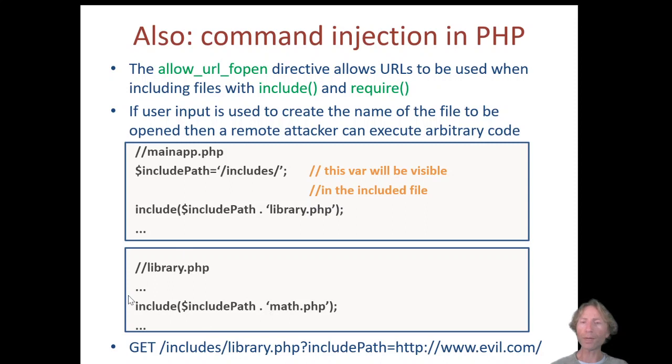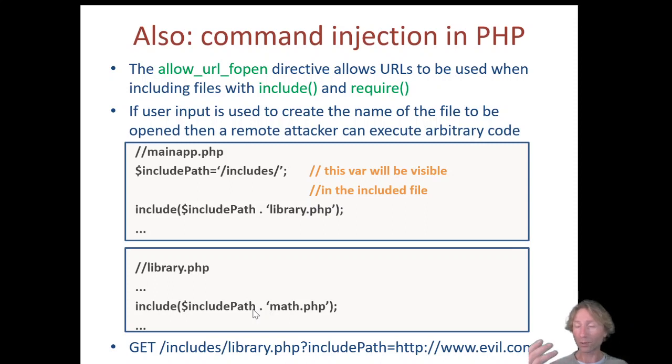However, if you go directly to the library.php path and you set the include path to http://www.evil.com, and this is used as the include path in this library.php, then it will actually obtain this code and run this code from another website.